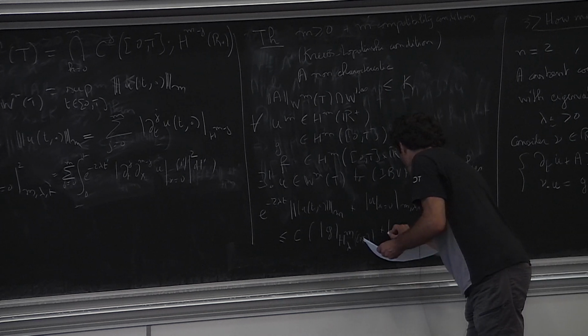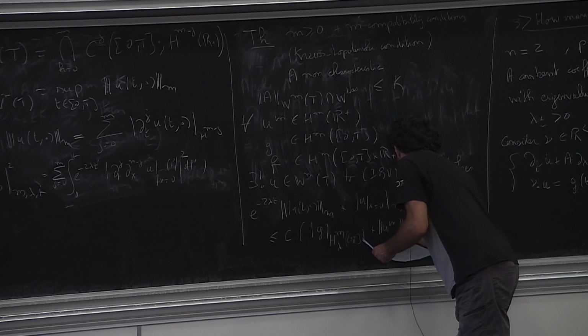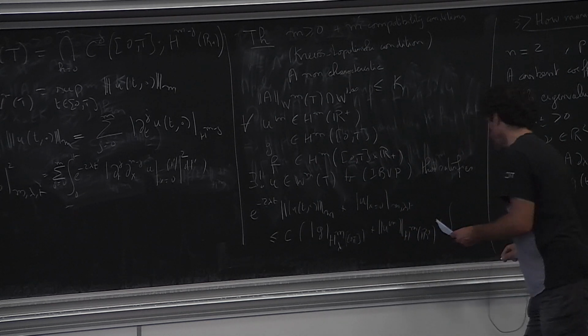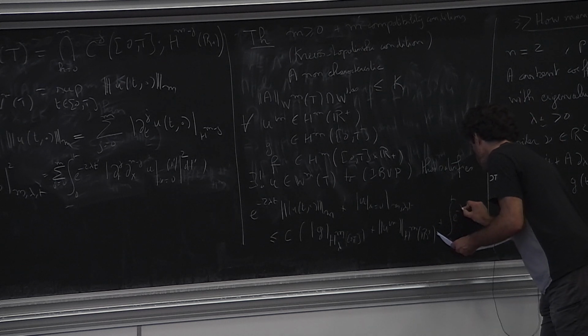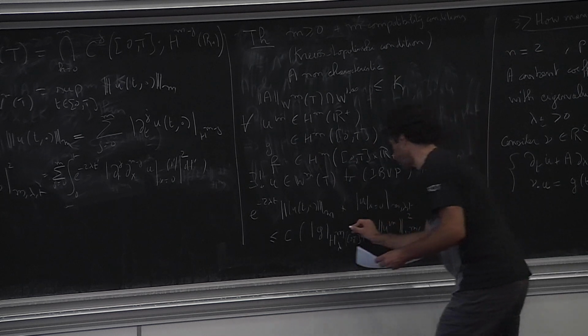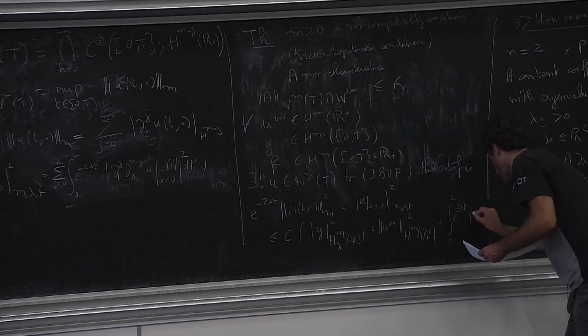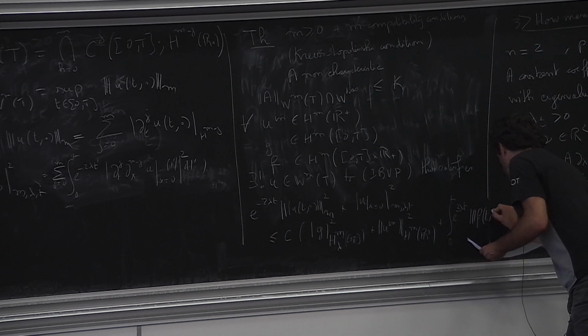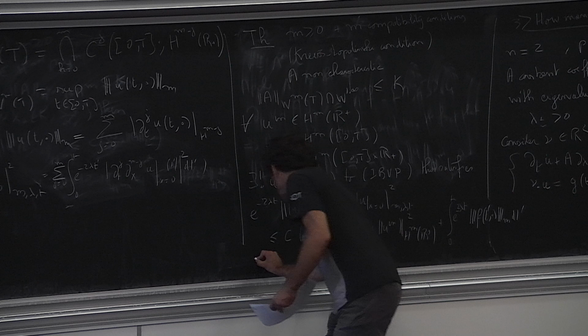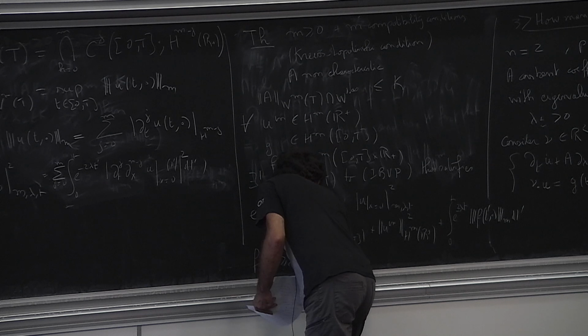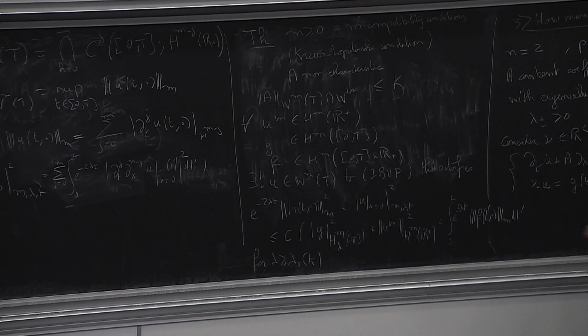Plus u0 in H^m of R plus, plus an integral from 0 to T of exponential minus lambda t, with a square everywhere, of f at t prime, dt prime. Okay. And for lambda, which depends, of course, on this constant K.